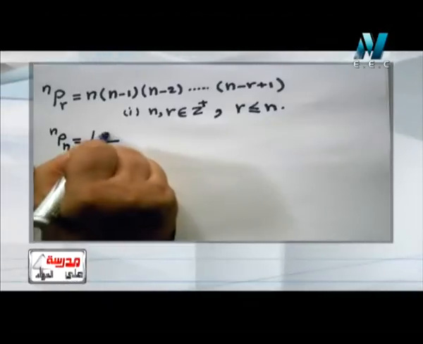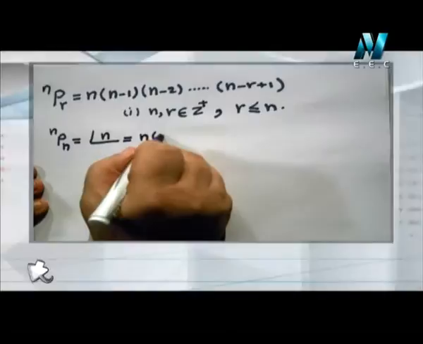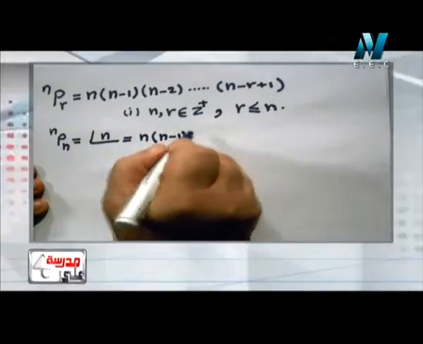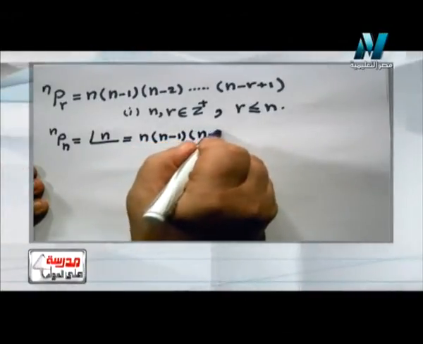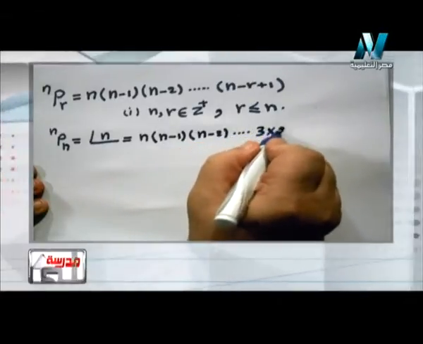Second law, if r equals n, we get nPn, which is called factorial n. Factorial n equals n by n minus 1 by n minus 2 up to 3 by 2 by 1.